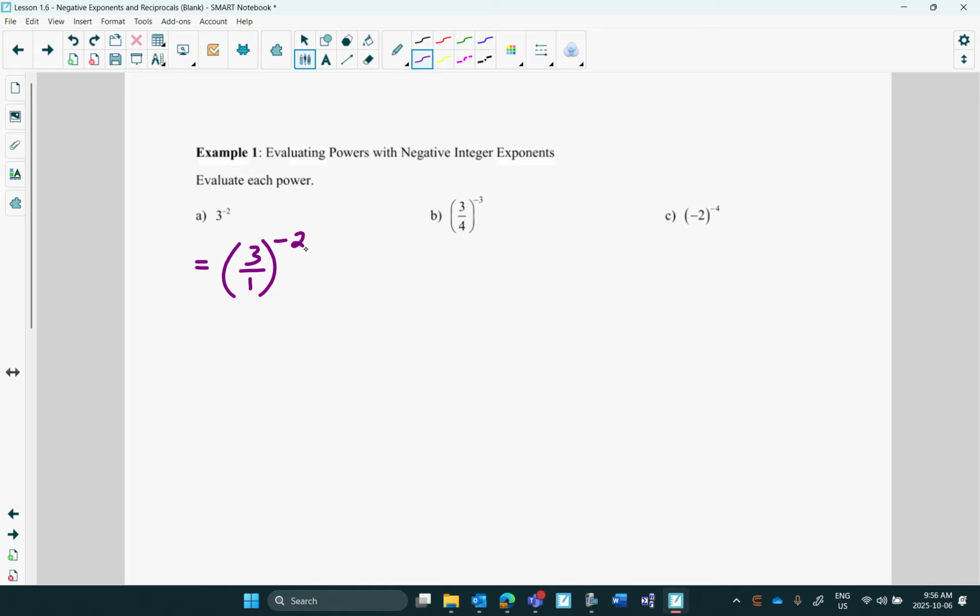Now, how do I write it using a positive exponent, Zara? You do the reciprocal. Flip. And it allows me to make it positive. Which is the same as 1 over 3 squared. What is 1 over 3 all squared? 1 over 9. Done.